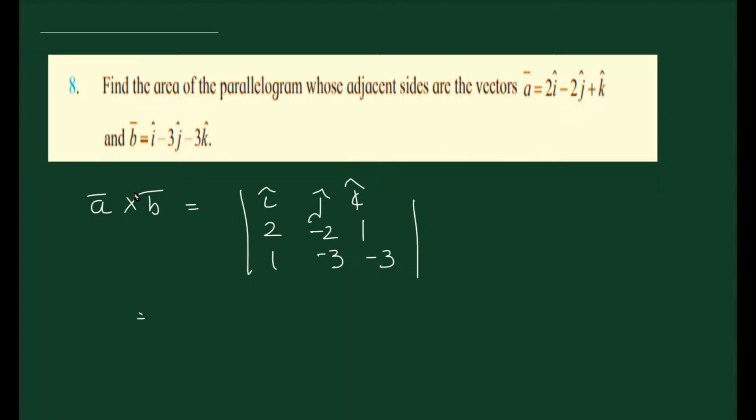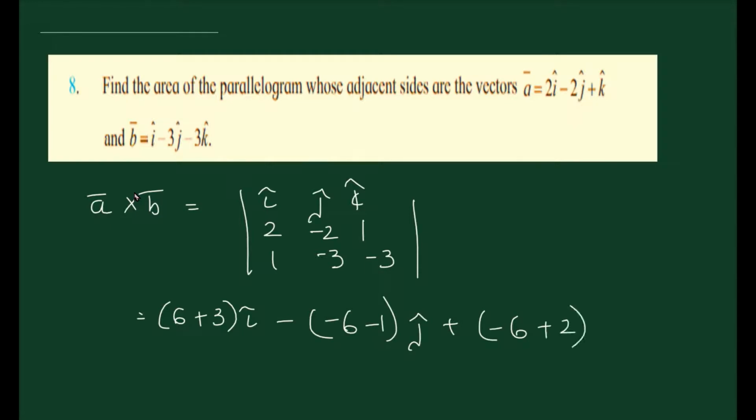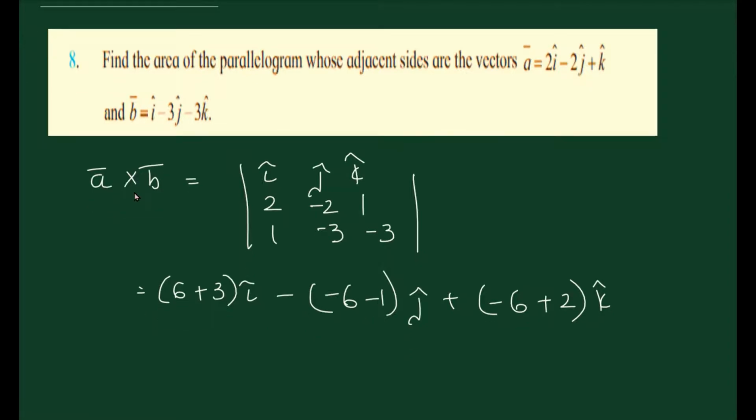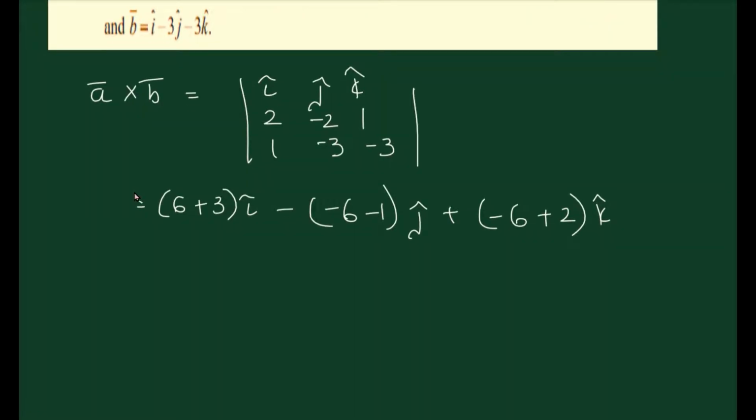Thus we get 6 plus 3 i, minus, this becomes minus 6 minus 1 j, plus the last term minus 6 plus 2 k. Upon doing that, we get the next step, that is 9i plus 7j minus 4k.